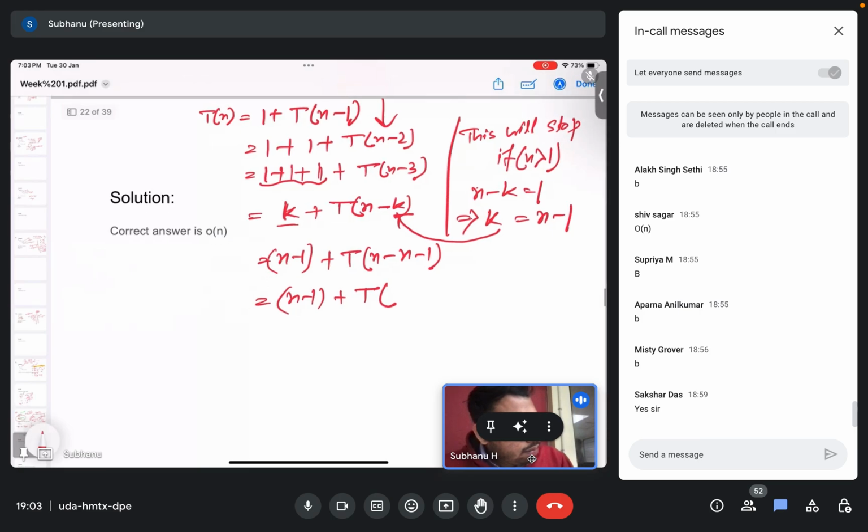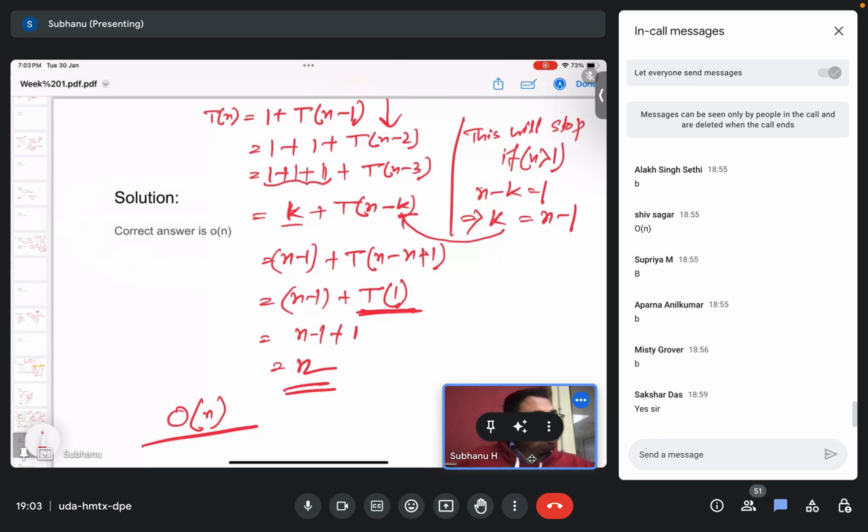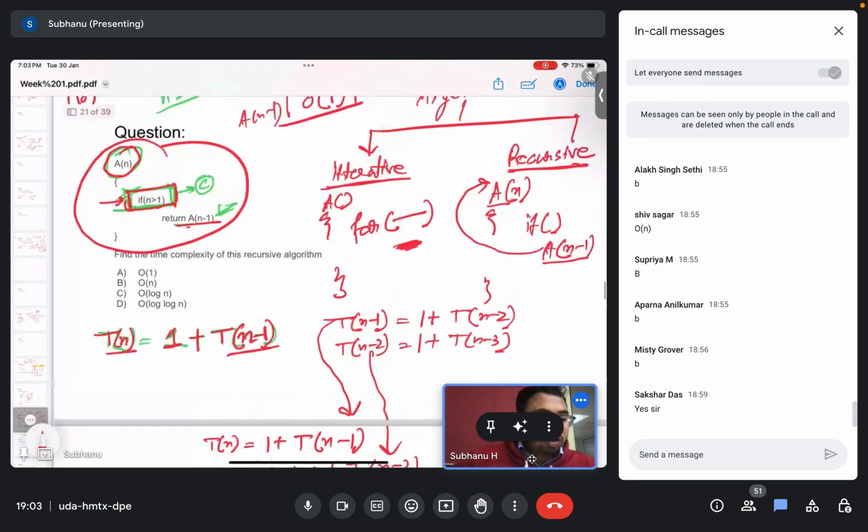It will become n minus n plus 1, so it will become T(1). For T(1), how much work do we have to do? We have to do 1 amount of work. So our answer is n. Our answer will be order of n. So this is called the back substitution method. So how we started? We started from the T(n).